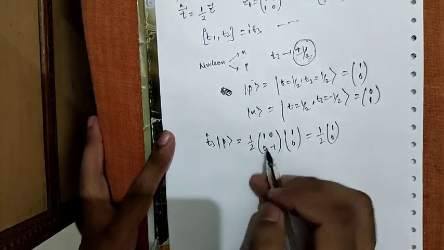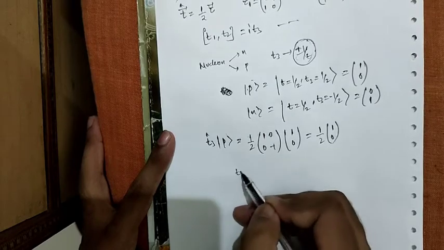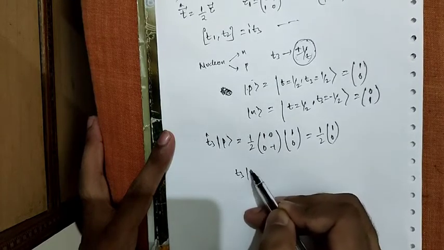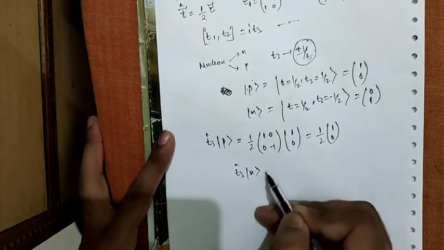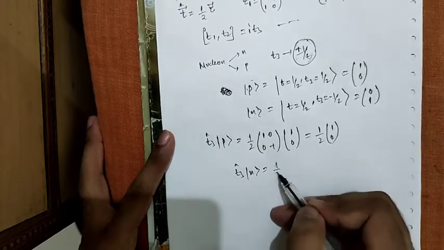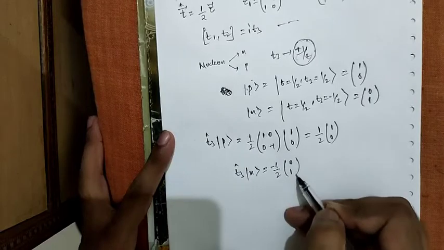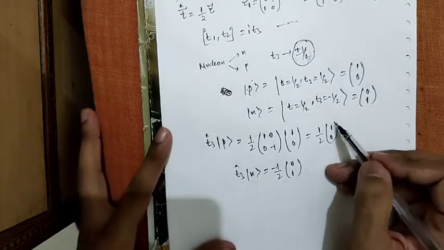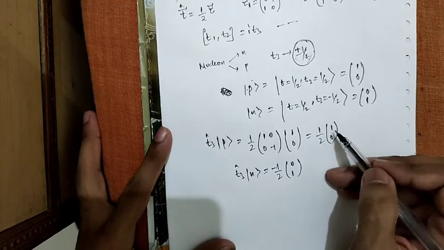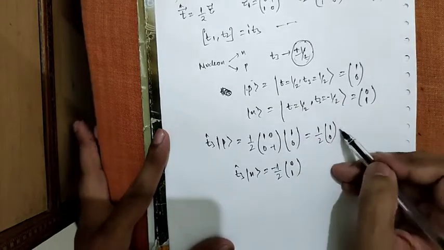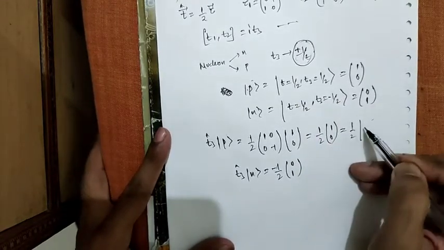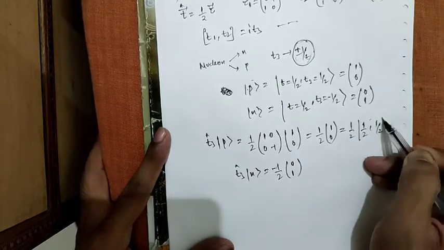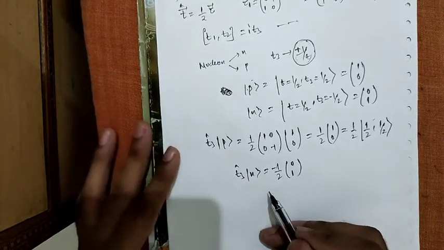Similarly, T3 acting on the neutron gives minus half of (0, 1). You can also write this (1, 0) in the style of |1/2, 1/2>, which is the eigenket of the proton.